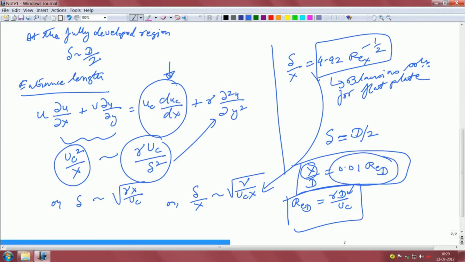This is roughly 1/10 of the Reynolds number. So, the x by d ratio at the point where the two boundary layers merge is given by 0.01 of Reynolds number based on d.